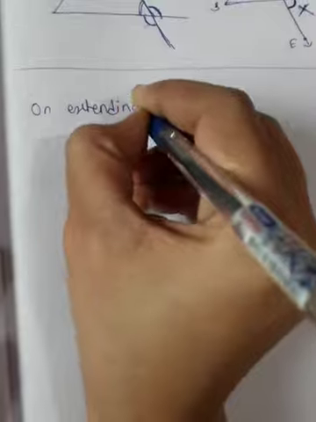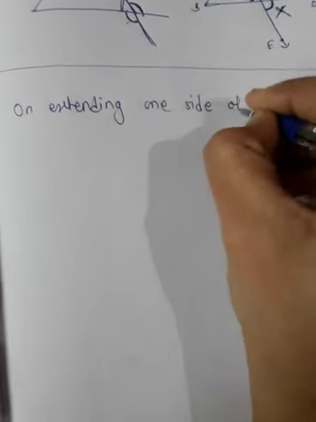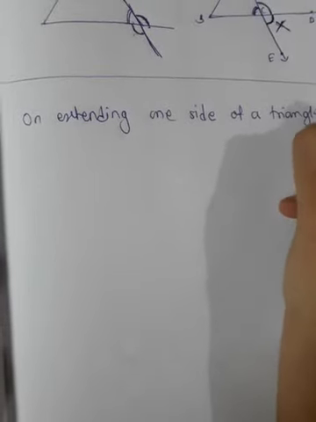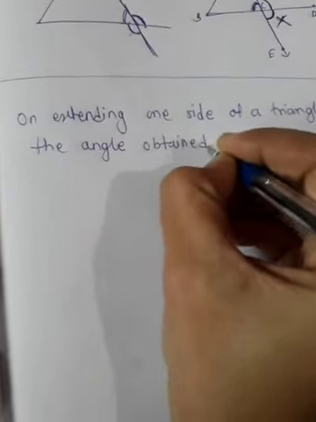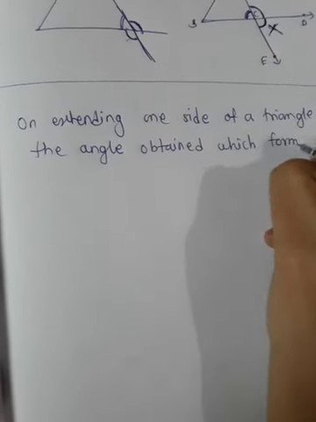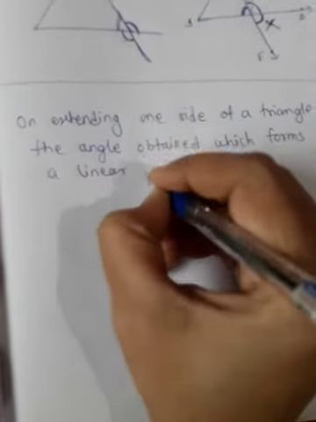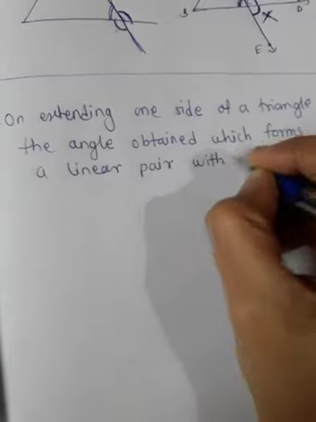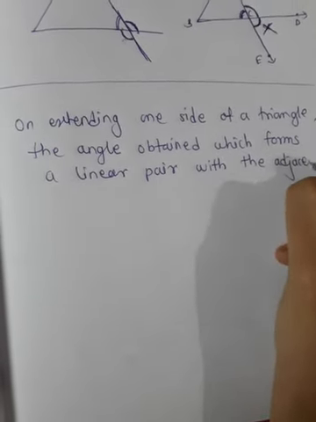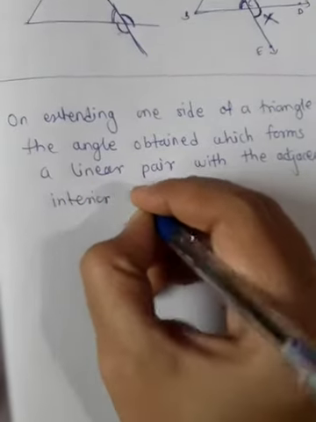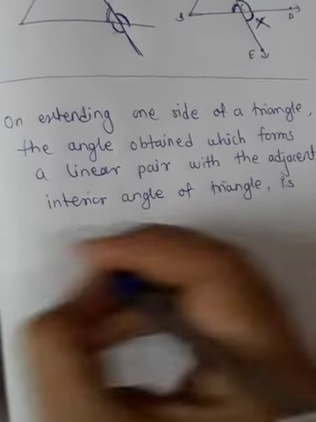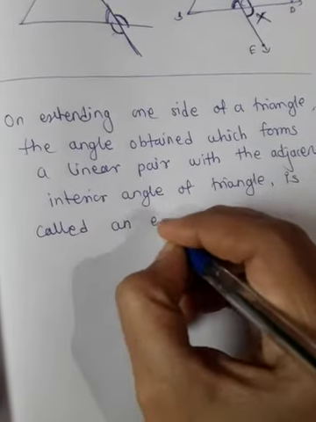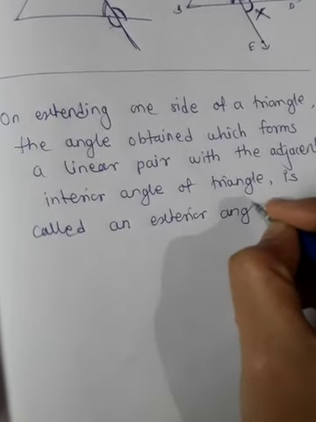On extending one side of a triangle, the angle obtained which forms a linear pair with the adjacent interior angle of the triangle is called an exterior angle of that triangle.